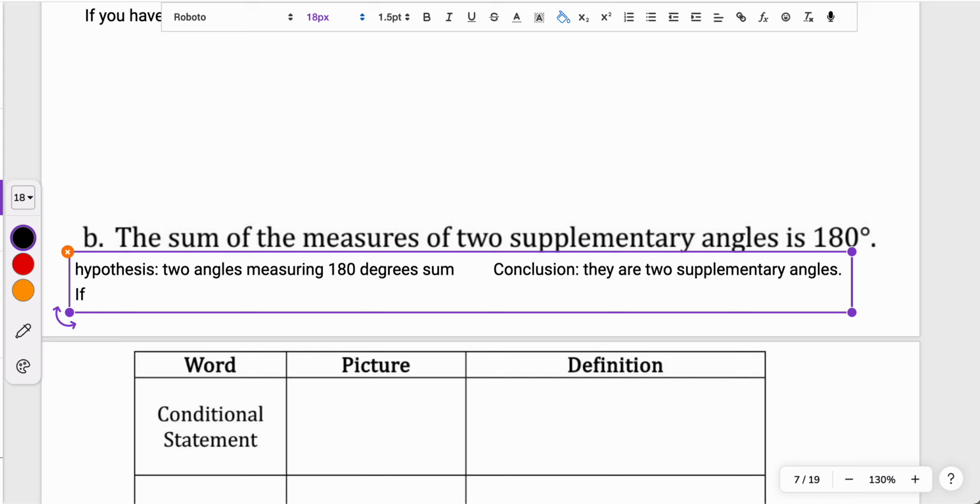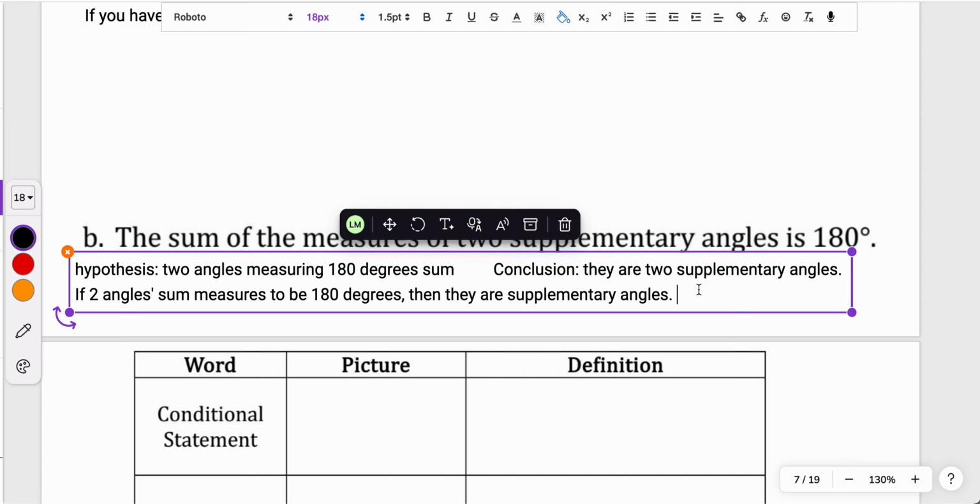So, if 2 angles sum to measure 180 degrees, then they are supplementary angles. Okay?